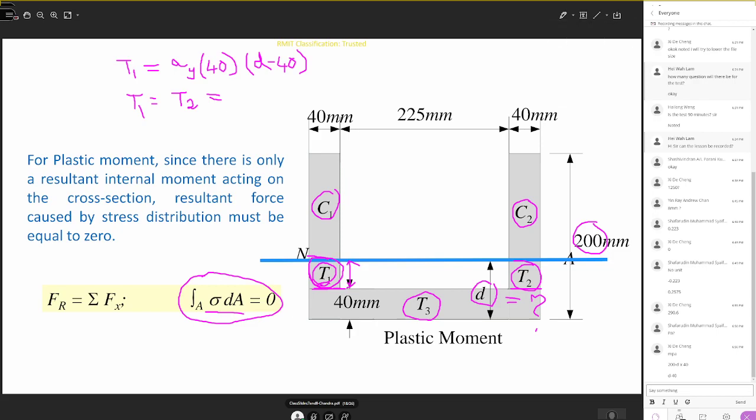What about T3? Can you write the T3 value similarly? T3 is the tension under the entire block. So T3 can be written as sigma Y, the yield stress, which is 360 megapascals and is given.